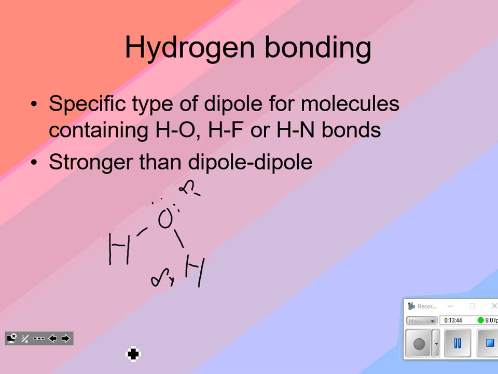That means when you have waters around each other, just like you drew out hopefully a little while ago, the partial negative end of one water is attracted to the partial positive of a neighboring water. That's what holds it together.